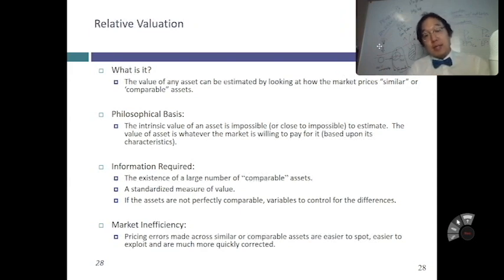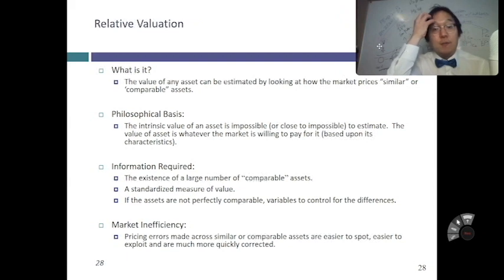The philosophical basis is that the intrinsic value of an asset is impossible to estimate. The value of an asset is whatever the market is willing to pay for it. As long as the investors in the market are willing to pay $26.7 per dollar of net income, this is what you should command as a stock price.